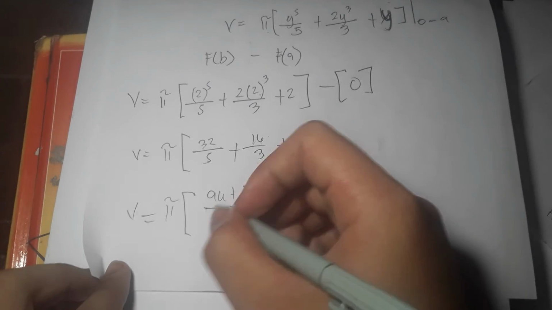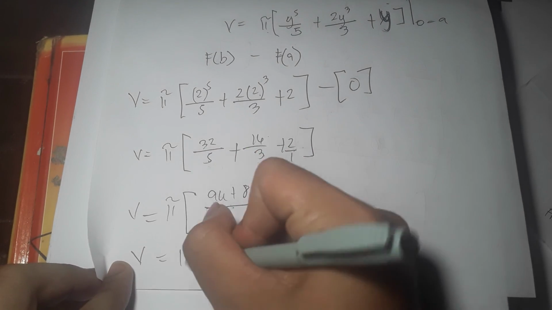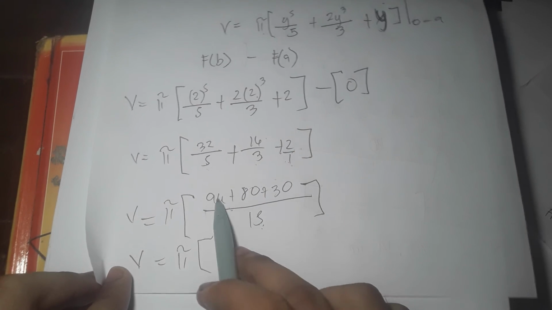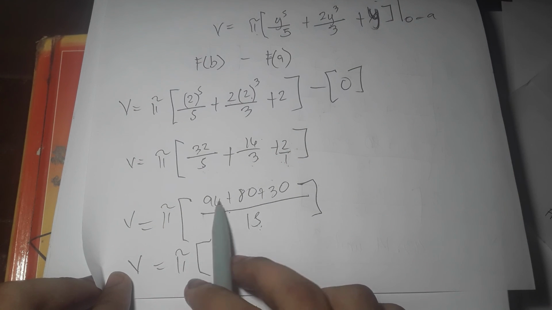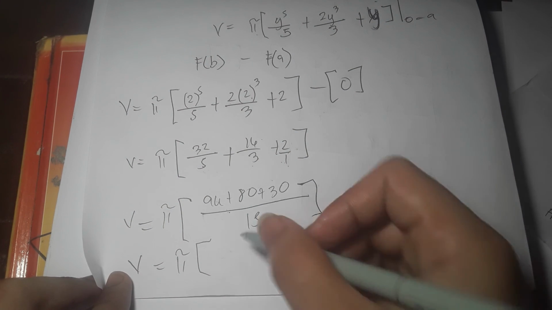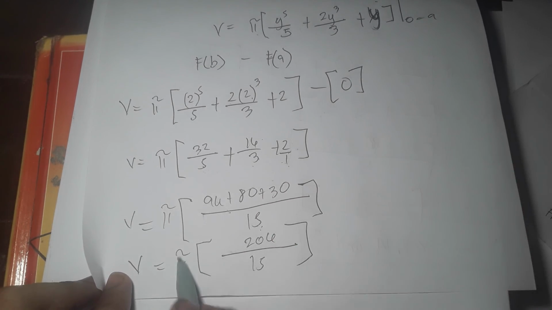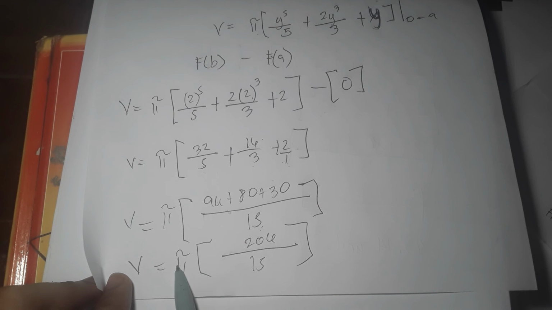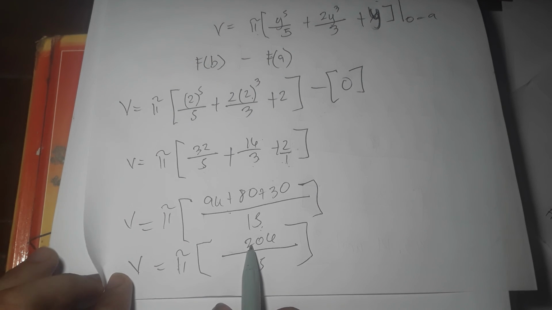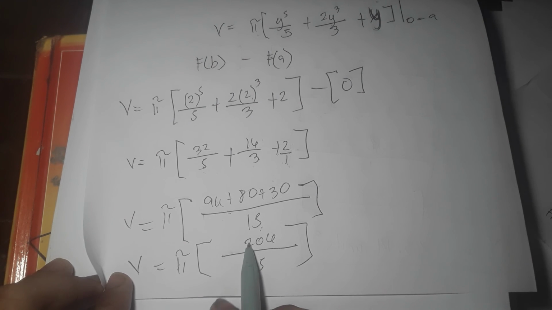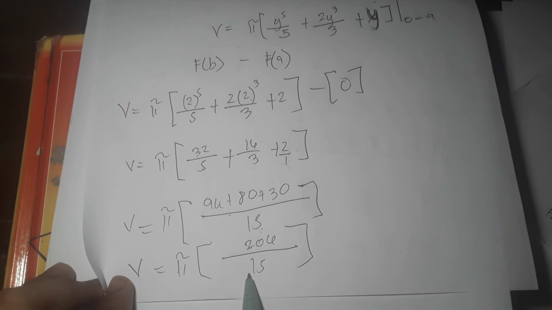So for now, V is equal to pi, and we need to simplify this one by adding 96, 80, and 30. The result is 206 over 15, and we need to distribute pi to the 206. So the result is 206 pi over 15.